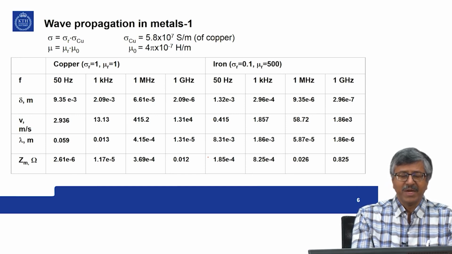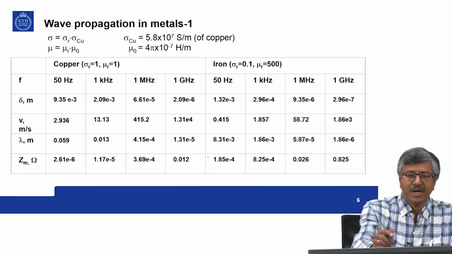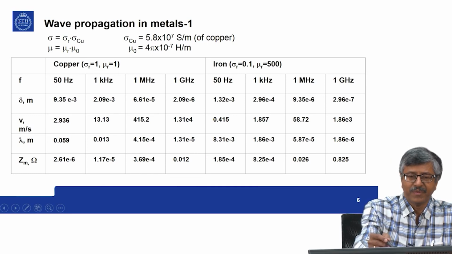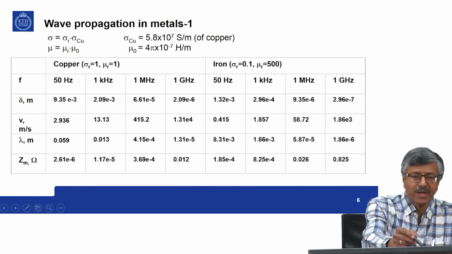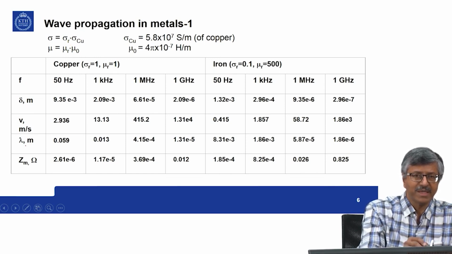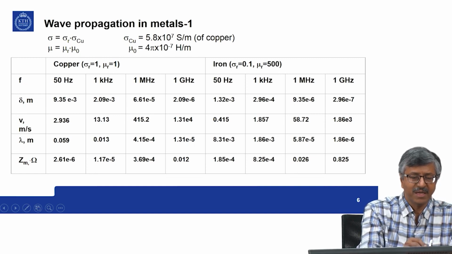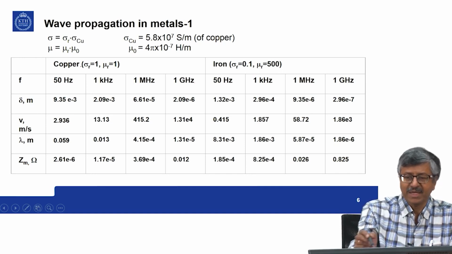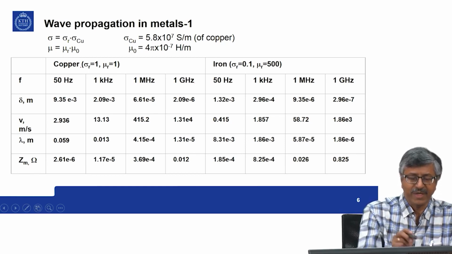We have done this calculation also before regarding wave propagation in metals, conductivity of copper and relative permeability, and you can express in terms of mu r, mu 0, mu r, mu copper. So, here frequency, skin depth, velocity, wavelength and characteristic impedance of the metal are given for various frequencies for iron here and for copper here.